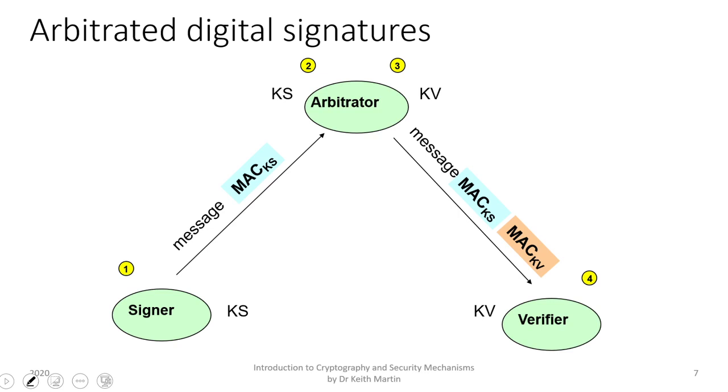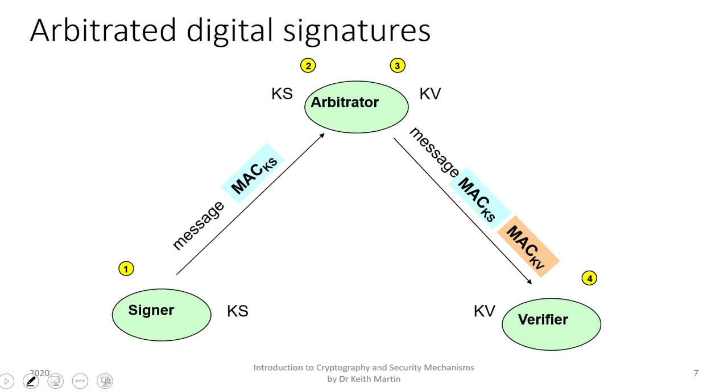Then, when we think about placing digital signatures, we can have a couple of different ways of implementing digital signature mechanisms. One of the ways that we can use digital signatures is what we call arbitrated digital signatures.